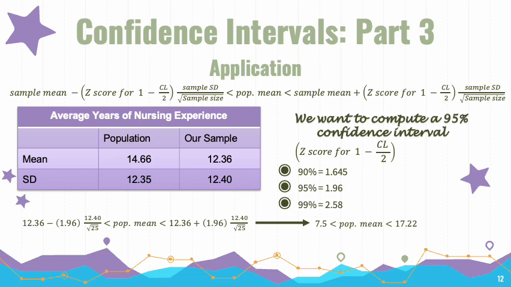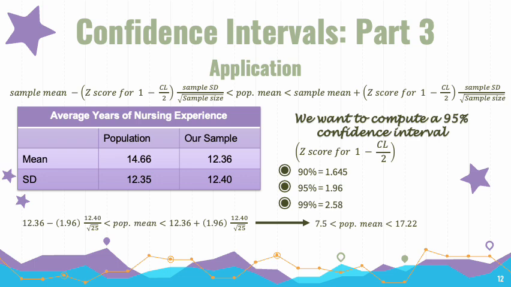And I also provided you with the part of the formula that has to do with the z-score for the confidence level. This is standardized. For a 90% confidence level, that data piece will be 1.645, for a 95%, 1.96, and for a 99%, 2.58.